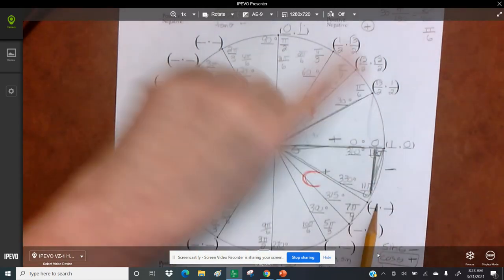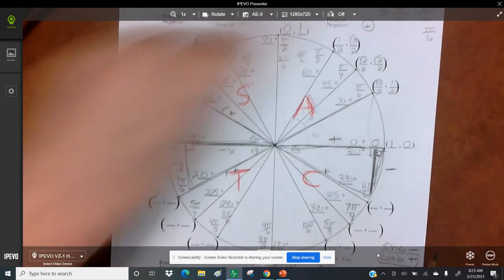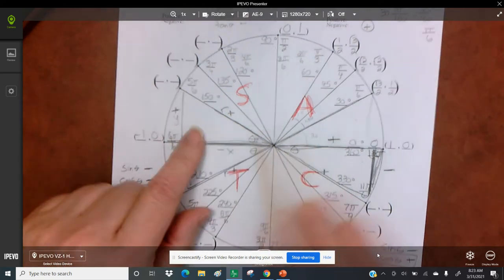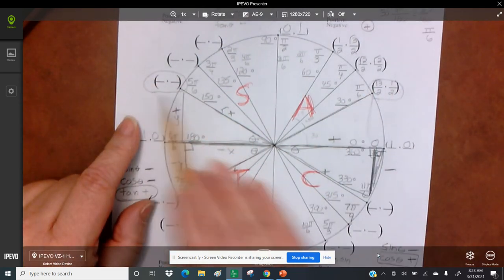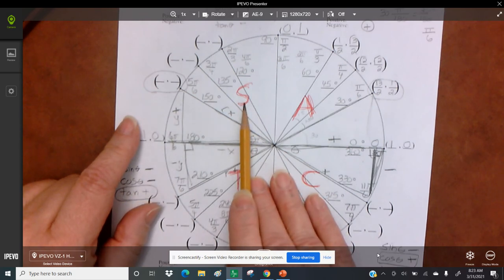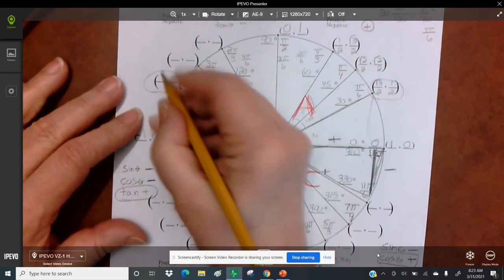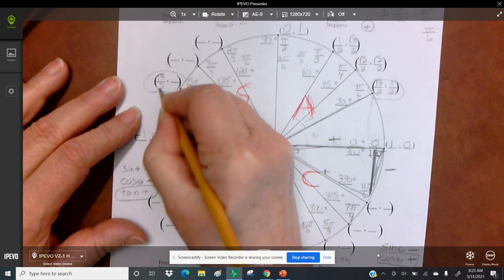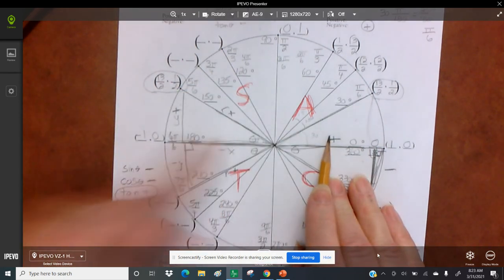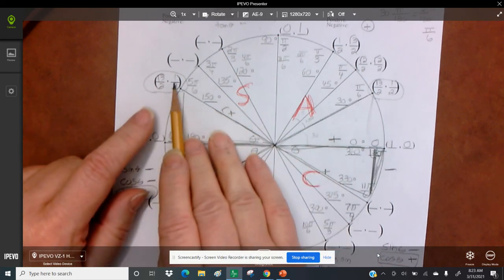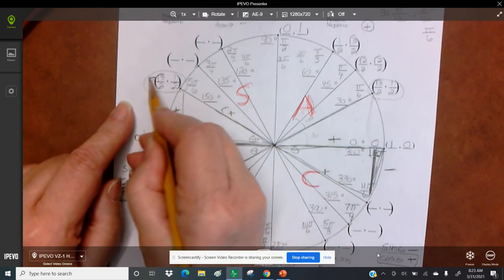But we can now fill in all the values going around this circle because I know that these values are going to be the same as these values, except the sine will be positive and the cosine will be negative. So this is going to be square root of 3 over 2 and 1/2 because it's the same angle, just reflected. But now the sine is going to be positive, but the cosine is going to be negative.